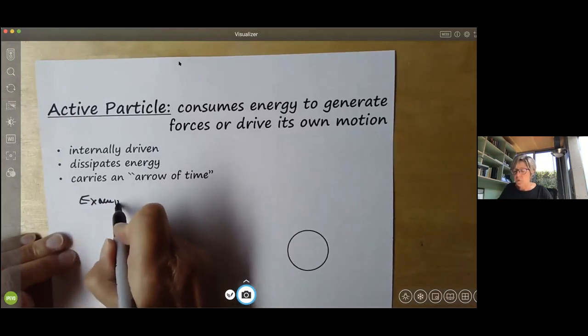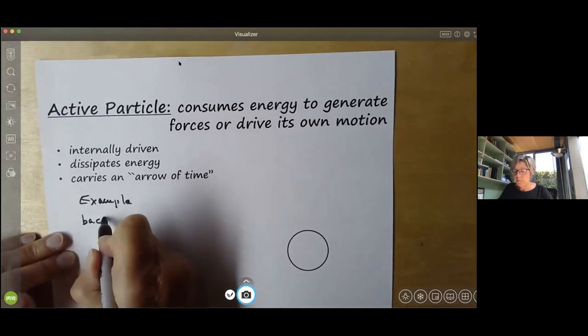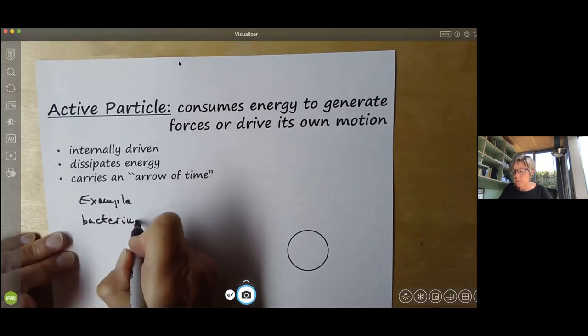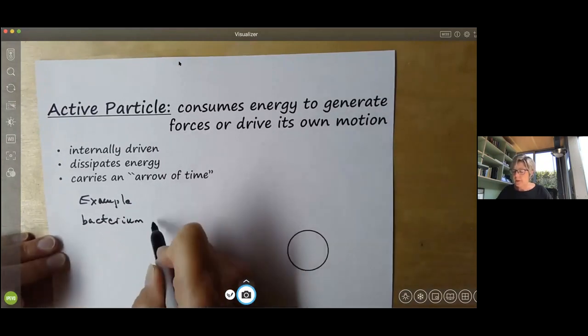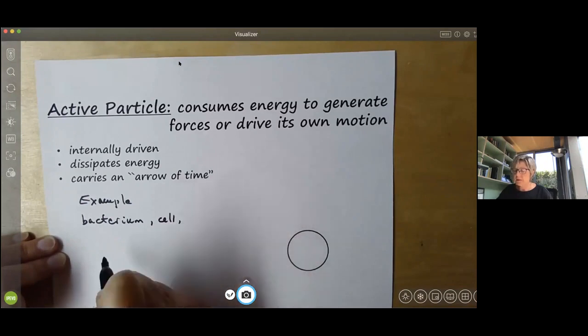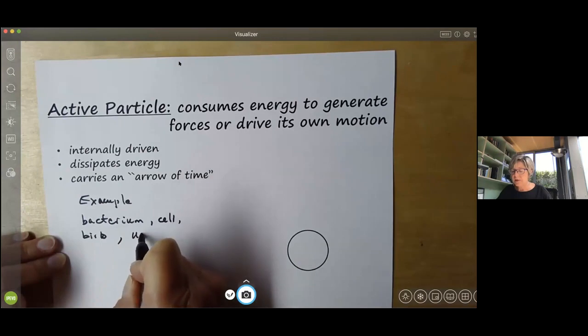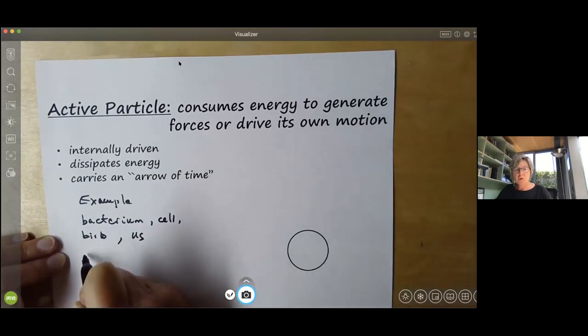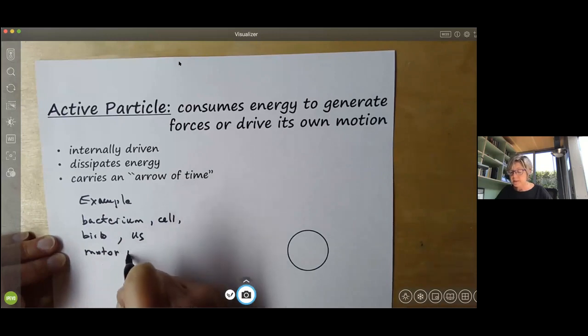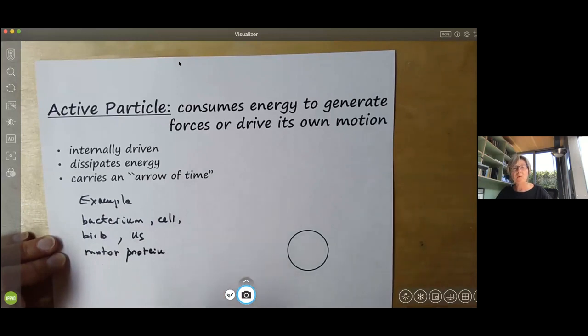An example could be a bacterium, or of course any other type of living cell, a bird, one of us, a human. Also motor proteins, tiny proteins inside cells that transform chemical energy into mechanical work, driving, for instance, the motion of our muscles.